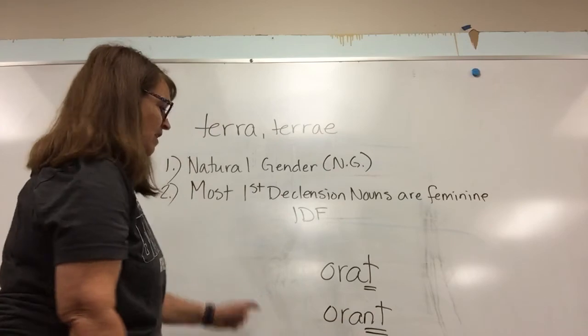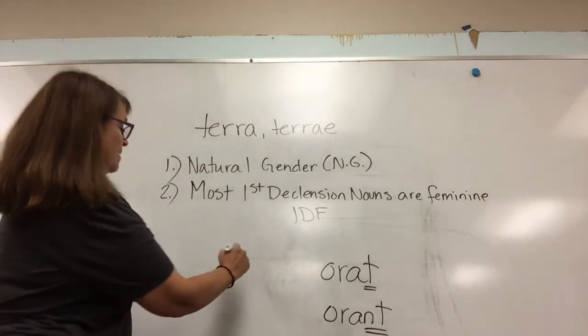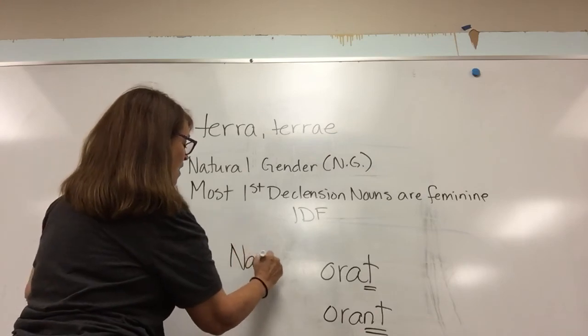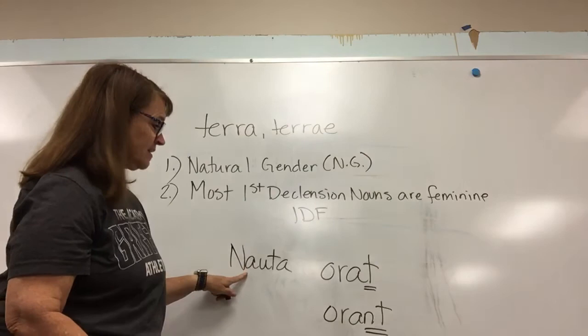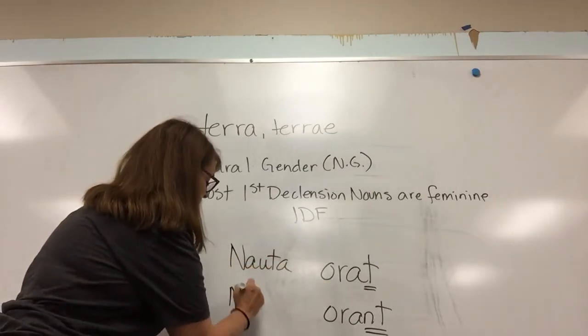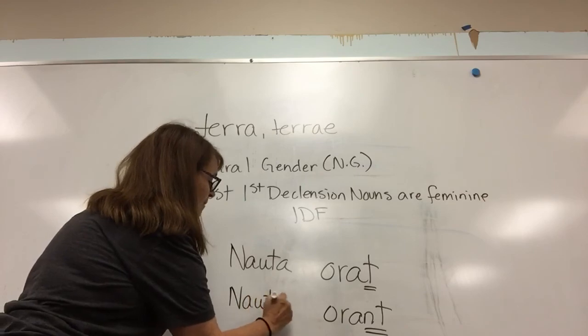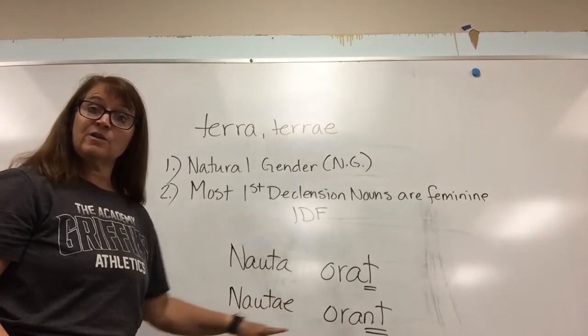They pray. So let's talk about a sailor. Hopefully sailors are praying. So we would have nominative singular, nauta orat, the sailor prays. But then if we want to make it plural, we're going to have nominative plural: nautae orant, sailors pray.